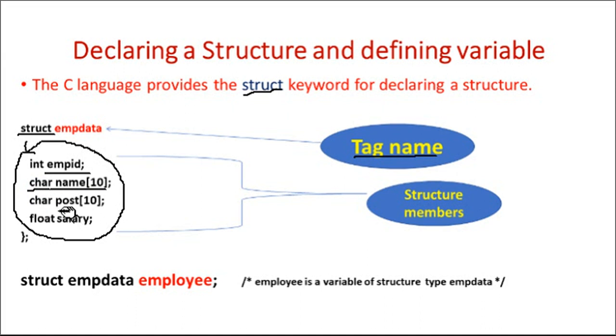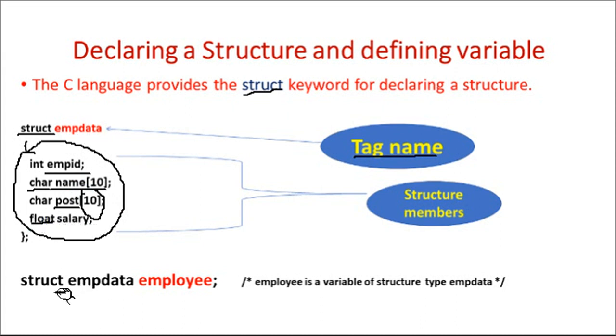Similarly, the post of an employee, whether manager, assistant manager, deputy manager or something else, is stored with 10 characters. Next is the salary, which will obviously be of float data type.